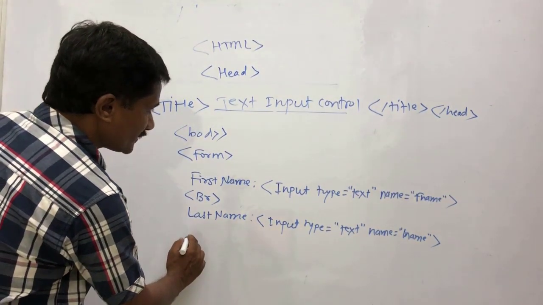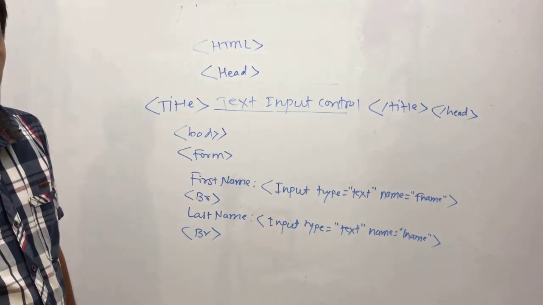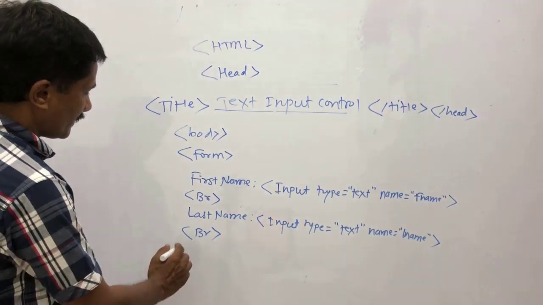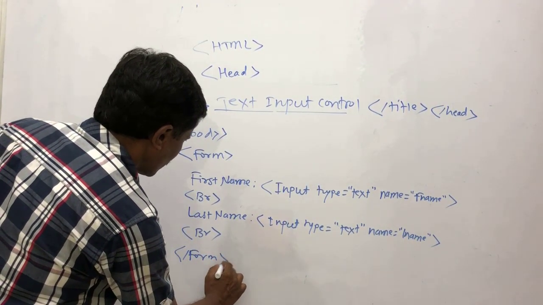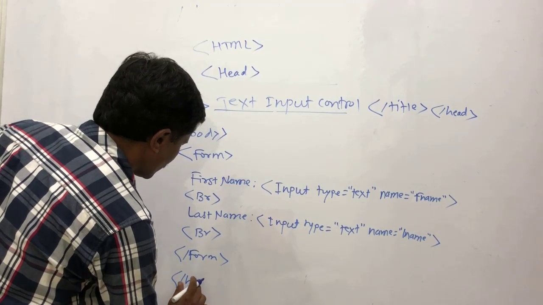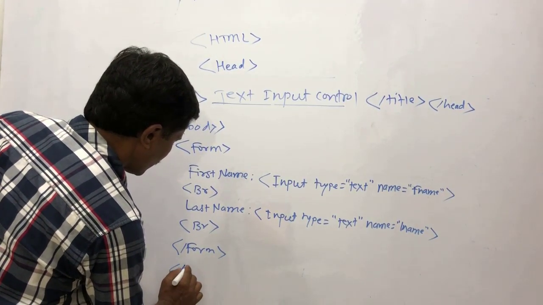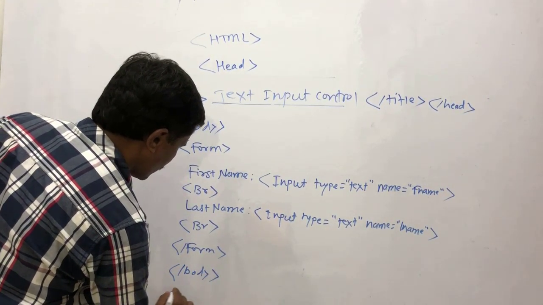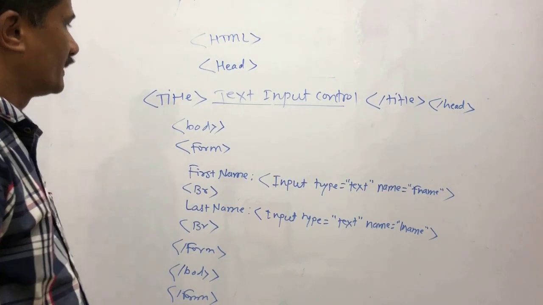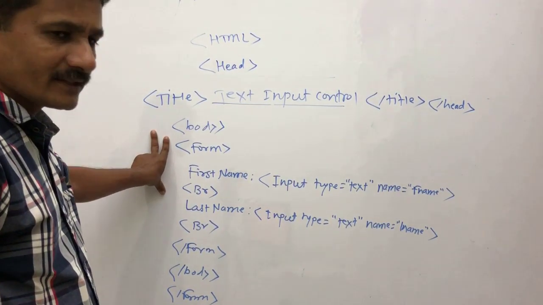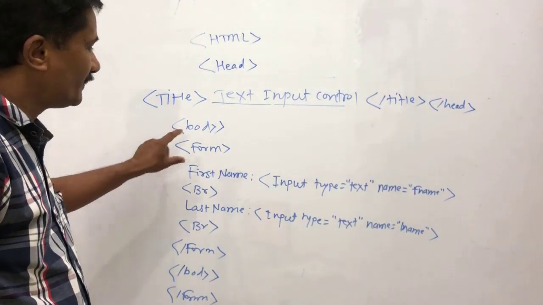Then use the br tag, and then use close form, close body tag, close html tag. This is the common, basic example of single line text input used to take first name and last name.